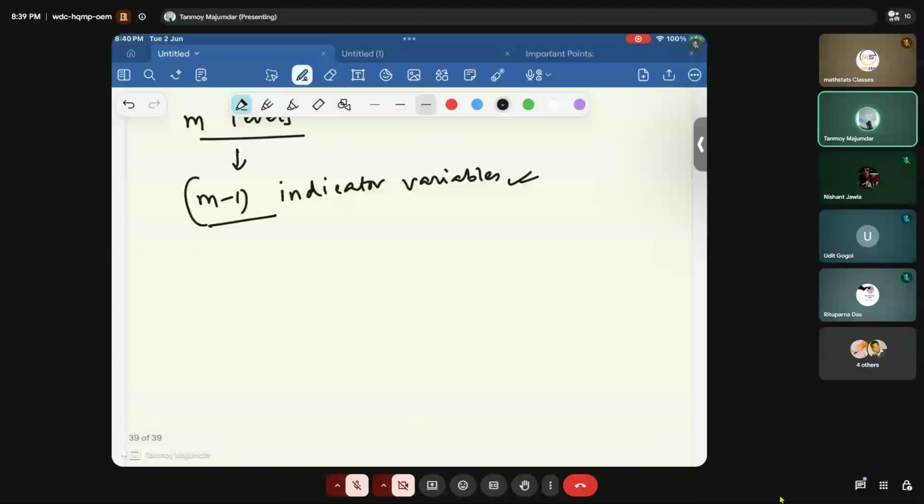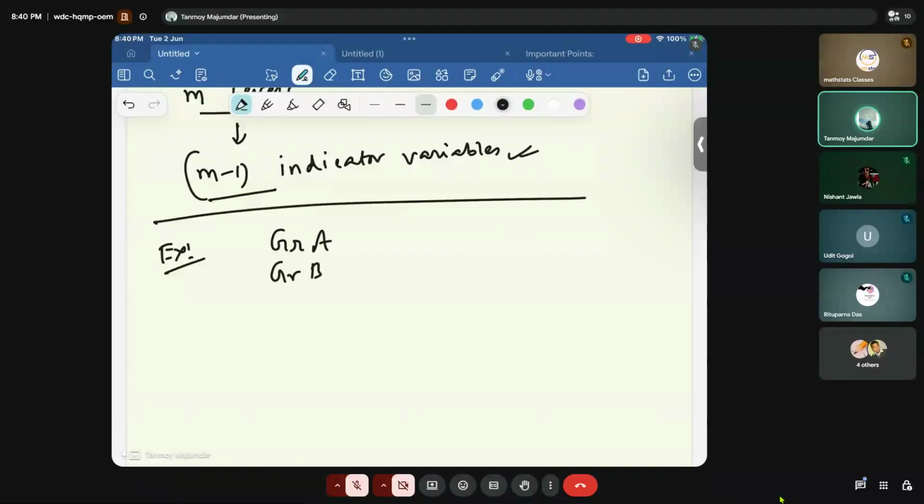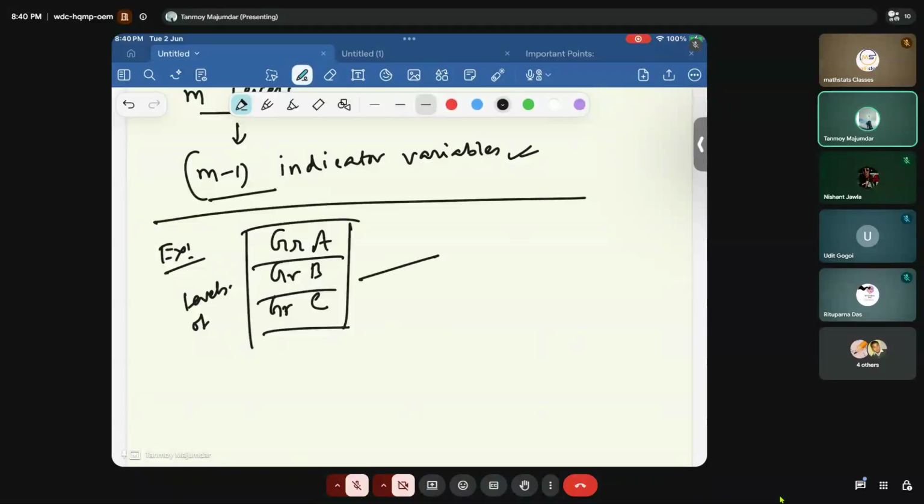So suppose we take an example to understand better. Suppose there is a qualitative variable with 3 groups. One is group A, one is group B, and one is group C. Okay, there are 3 levels of a variable. So what we are going to do, we will consider 2 indicator variables, suppose x2 and x3.